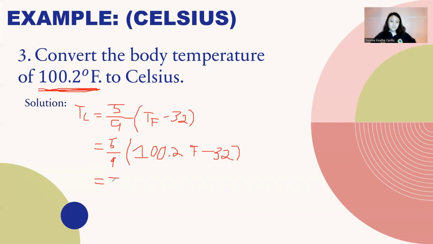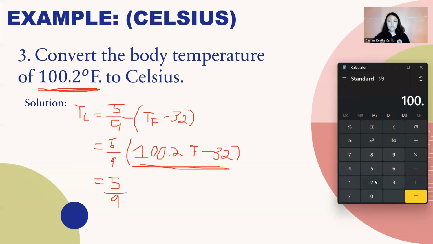After that, we should always copy the 5/9. And let's sum it up. 100.2 minus 32 is equal to 68.2.